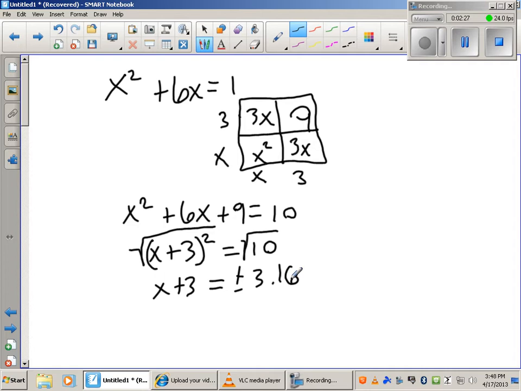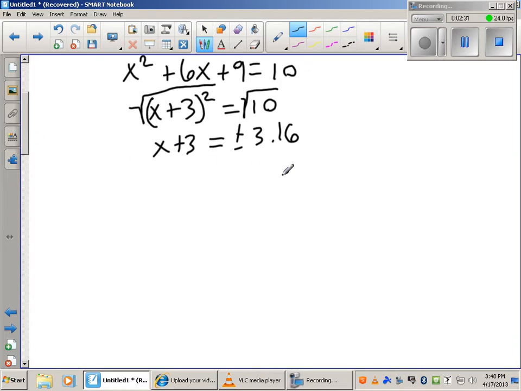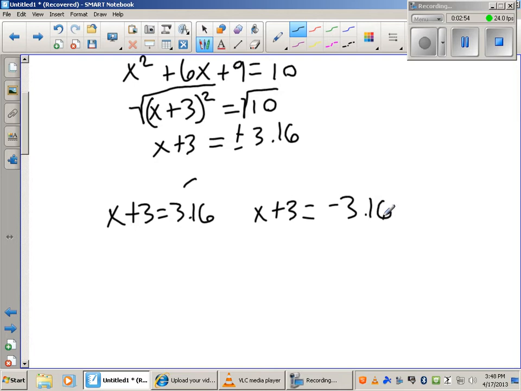And then from there we are going to branch it off. We'll do x plus 3 equals positive 3.16. X plus 3 equals negative 3.16.